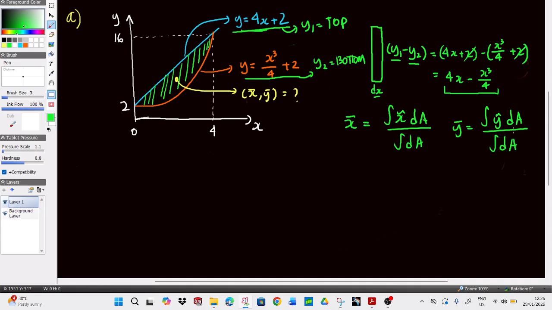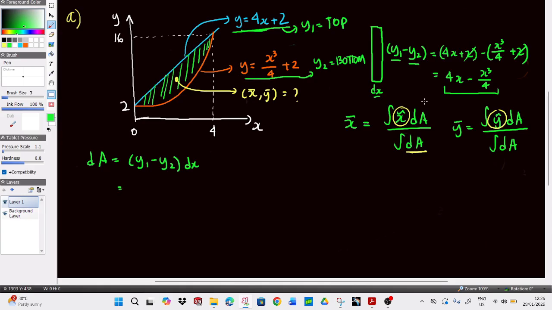We'll get into x tilde and y tilde later, so don't worry about them for now. Let's find dA first. Our dA is equivalent to y1 minus y2 times dx.